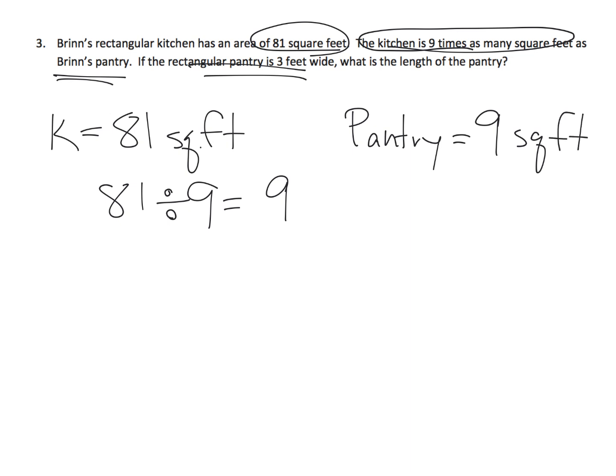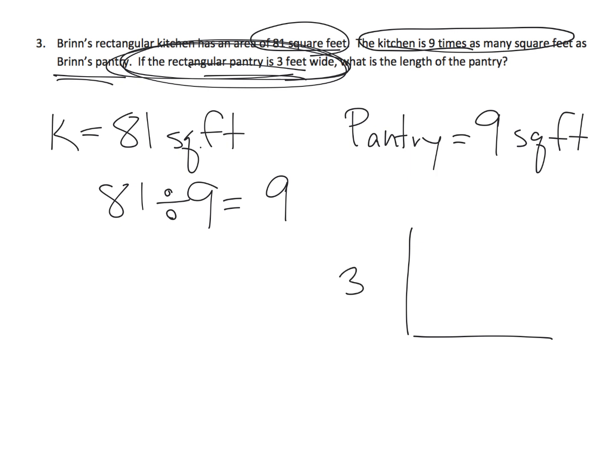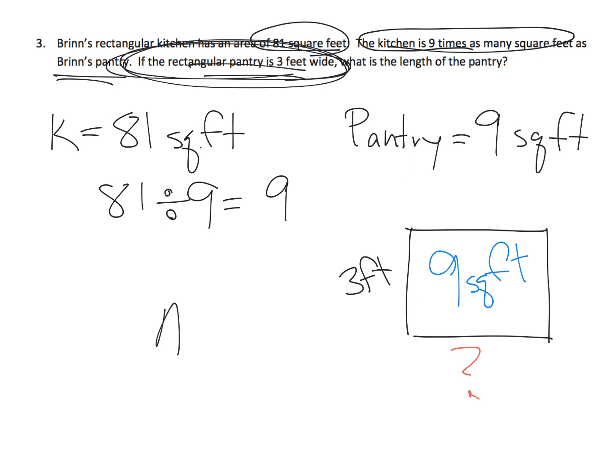All right, now that's the area, and we're told that the pantry is 3 feet wide. So if it's 3 feet wide, and we know the area is supposed to be 9 square feet, what is the length? Well, we know that area is equal to length times width, so the area is equal to 3 times something.